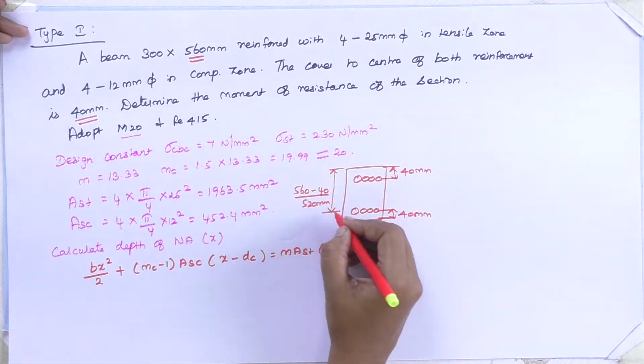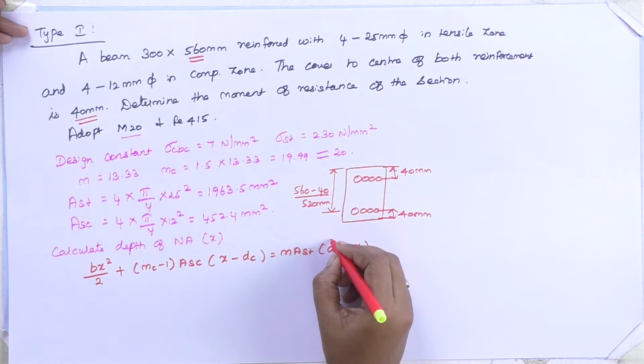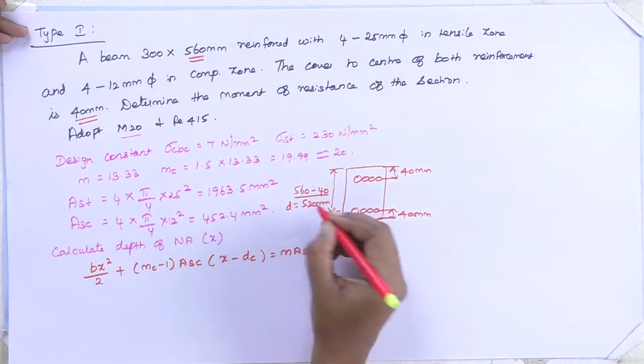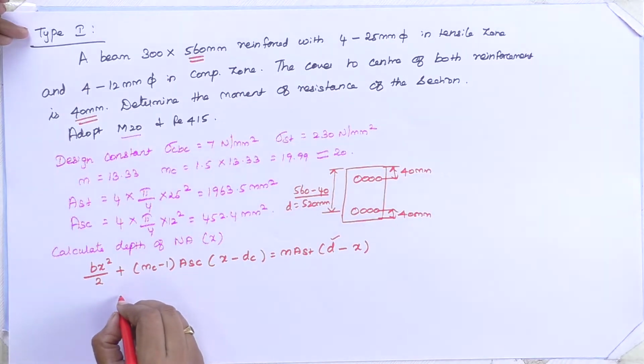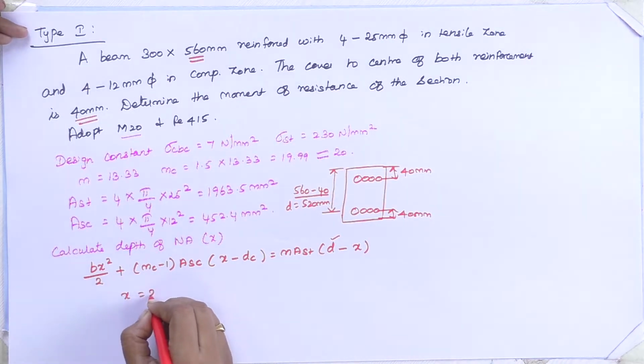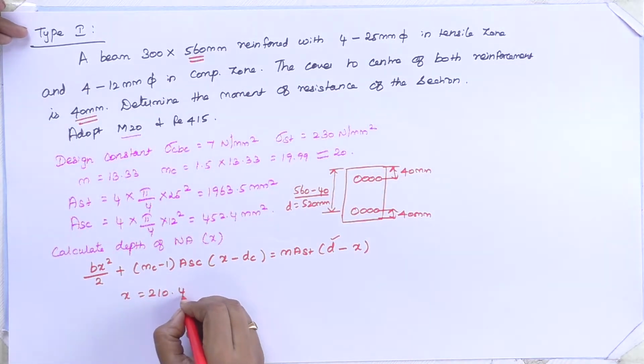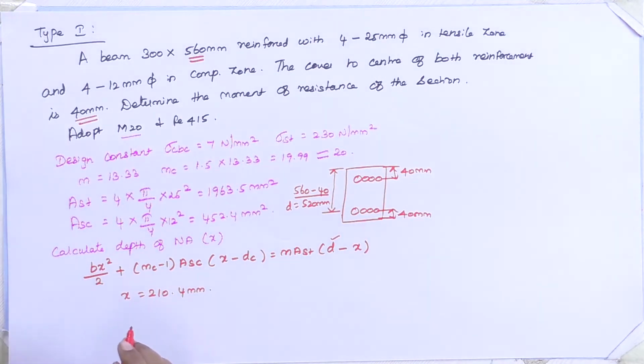So you can substitute the d value 520 mm and calculate x. X is about 210.4 mm.